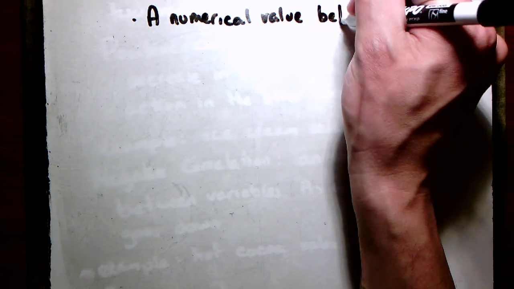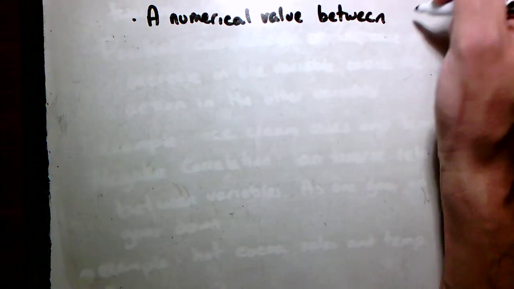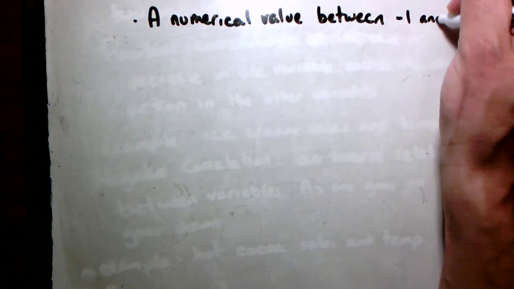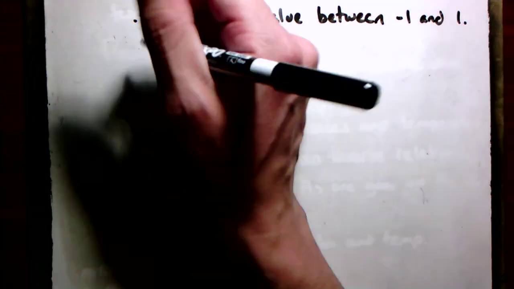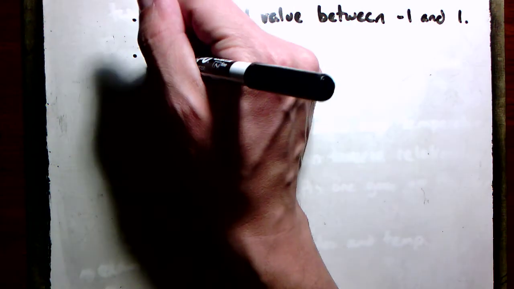And that numerical value ranges between -1 and +1. Generally, we use the letter R to denote correlation.